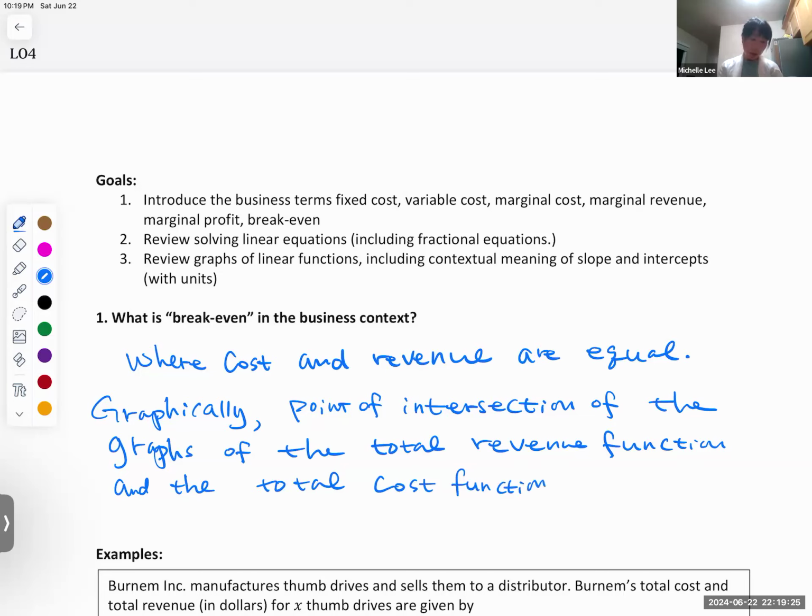So this means graphically, total revenue is the same as total cost function.